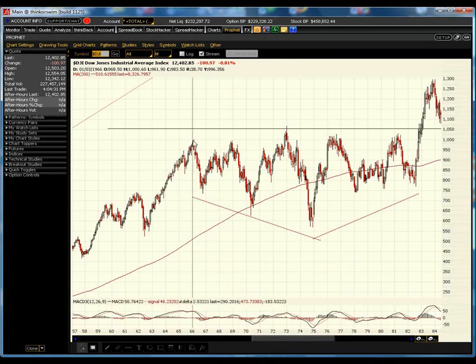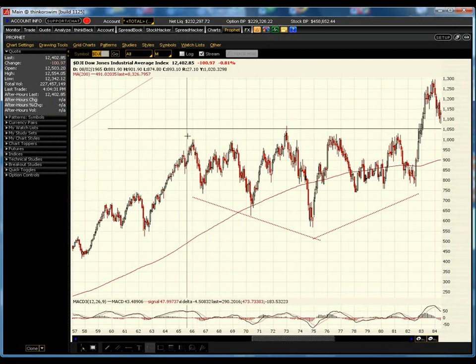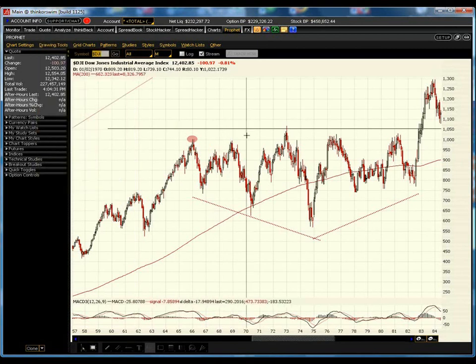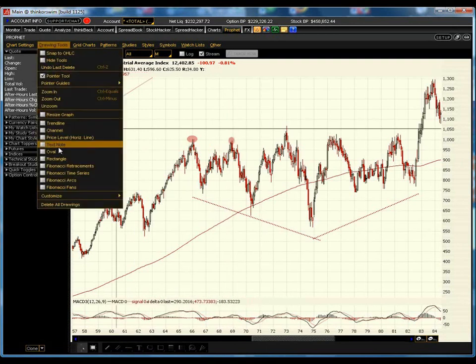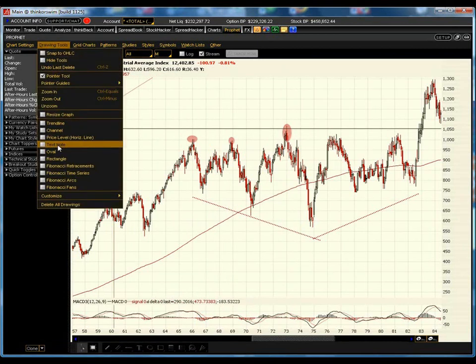Every time it hit this 1,000 level here, let's just draw something around that just to give you a little bit of a better view. There's one time that it kind of bounced off that $1,000 level. Here it broke through a little bit, but it's still back down after breaking through that $1,000 level.